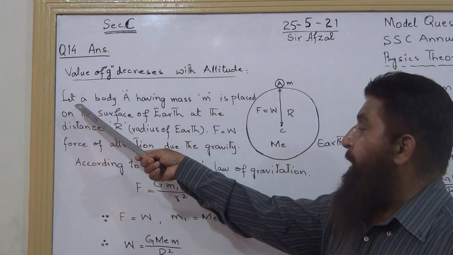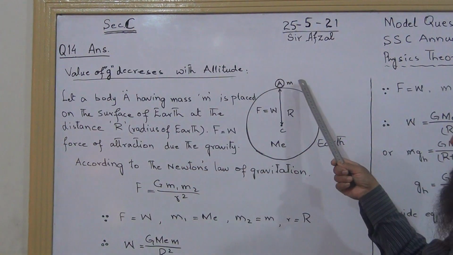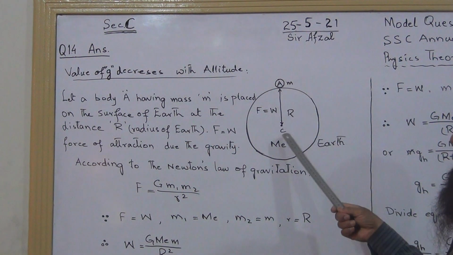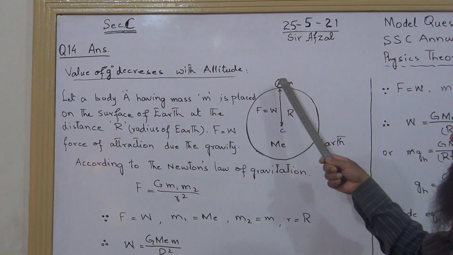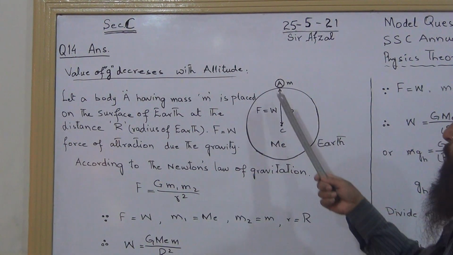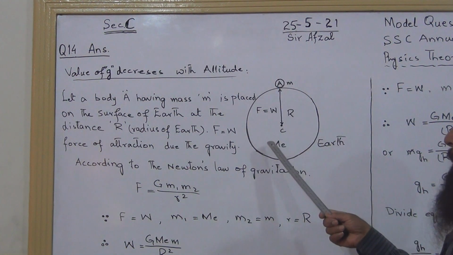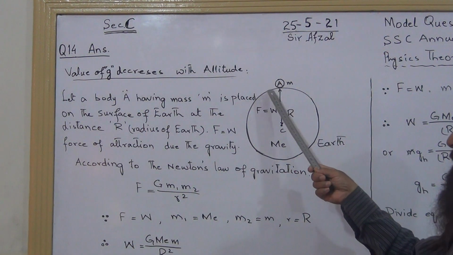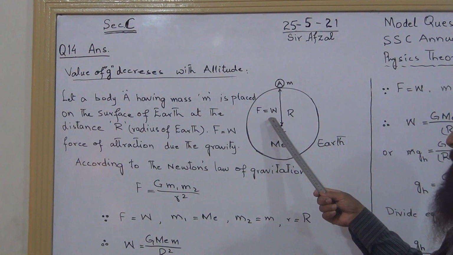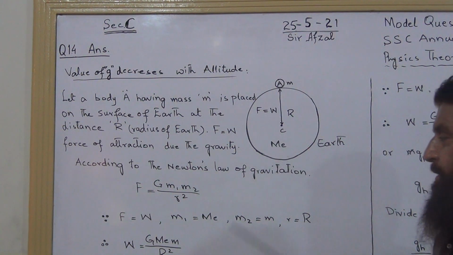Consider a body A having mass m placed at the surface of the earth, at a distance equal to the radius of the earth, which is R. Now, W is the force exerted by the earth on the body, in the downward direction, so F is equal to W, and Me denotes the mass of the earth.